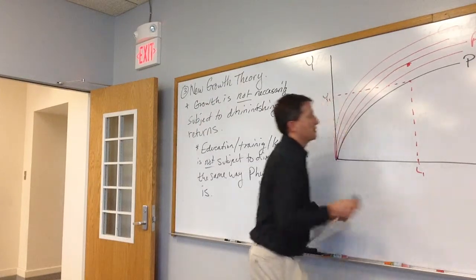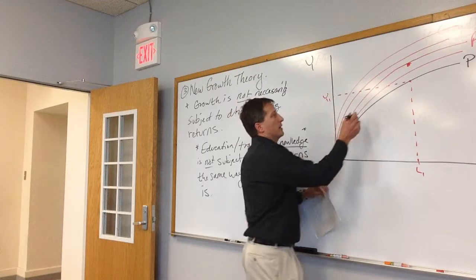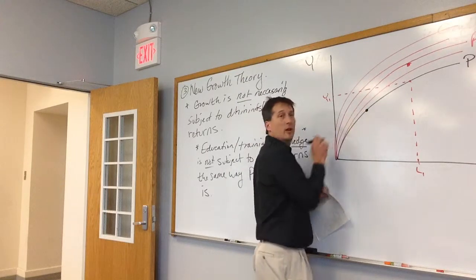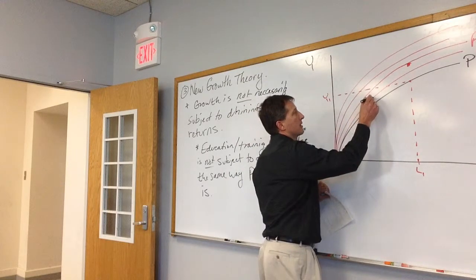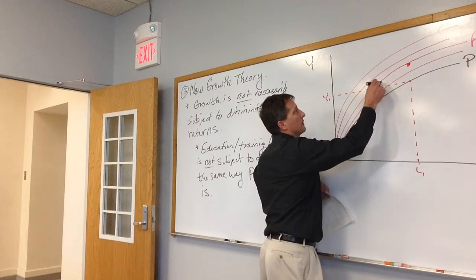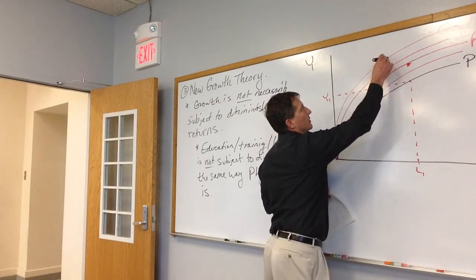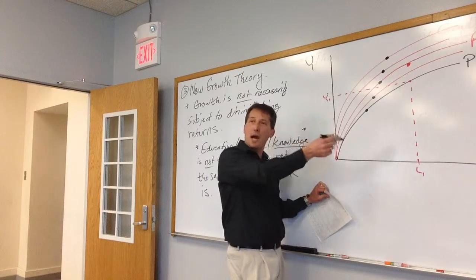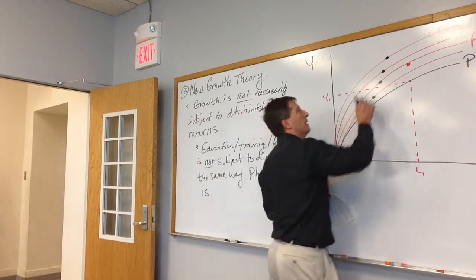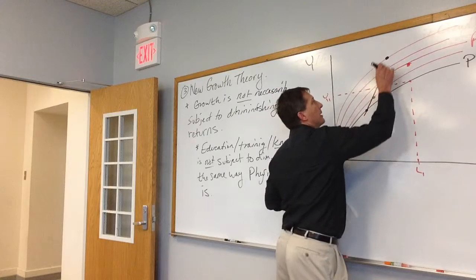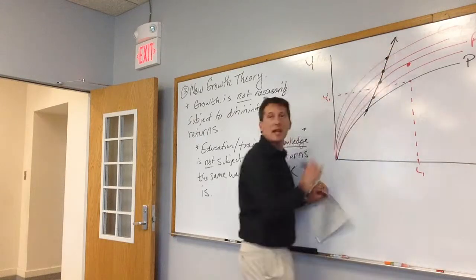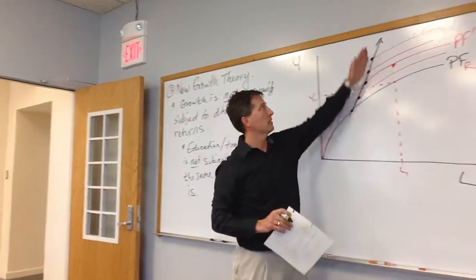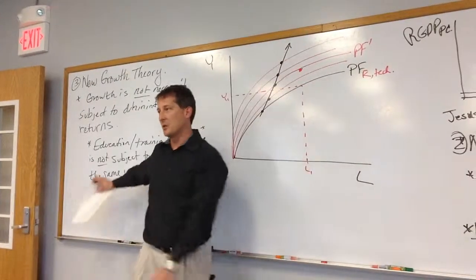And it's very possible that if we checked out 2012, 2013, 2014, 2015, 2016, and if we map out the actual economy, we don't have diminishing returns. That's the new growth theory.